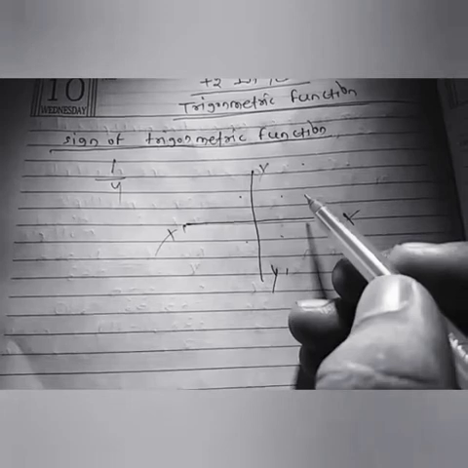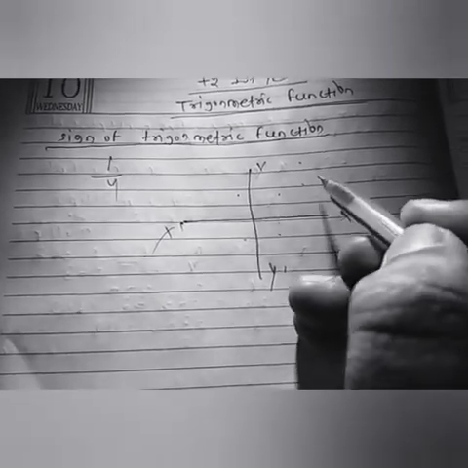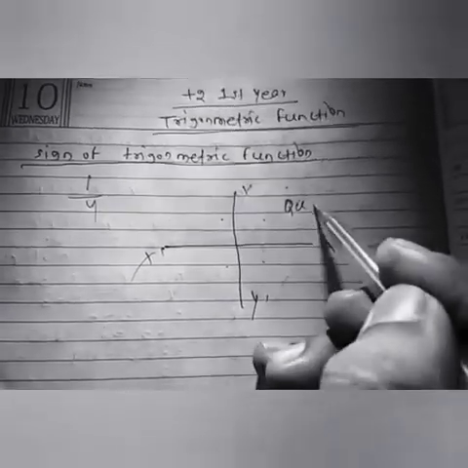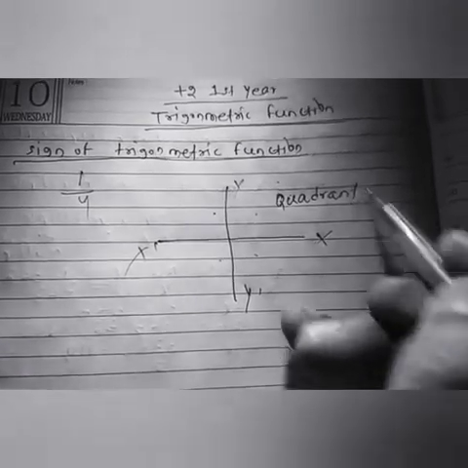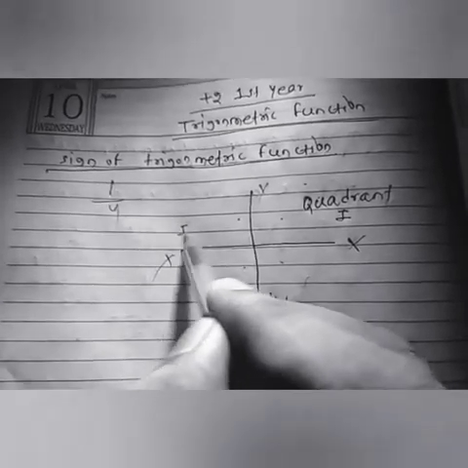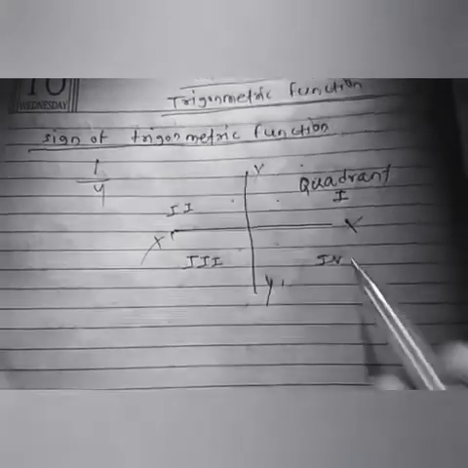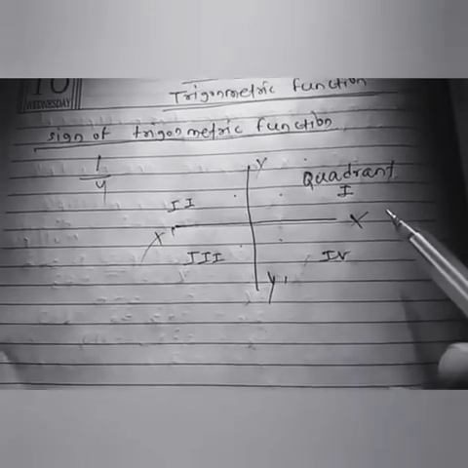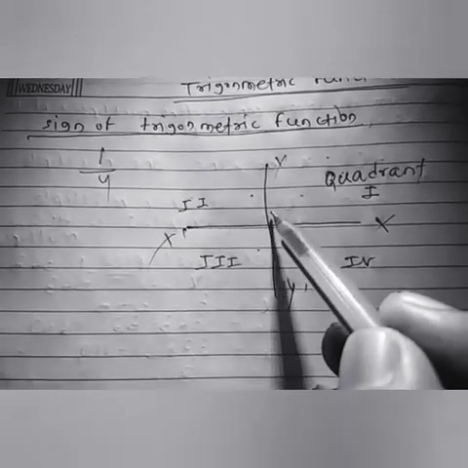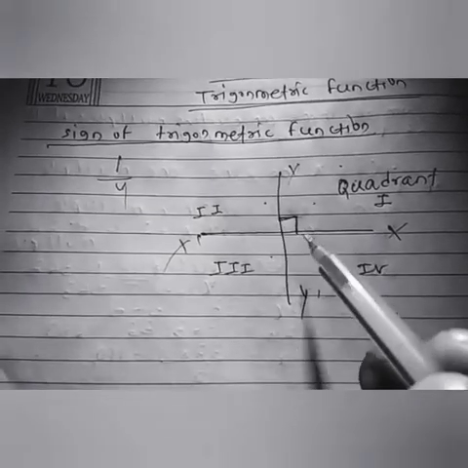Each part is known as a quadrant. So this is the first quadrant, this is the second quadrant, this is the third quadrant, and this is the fourth quadrant. Everyone knows that this is a 90 degree angle.